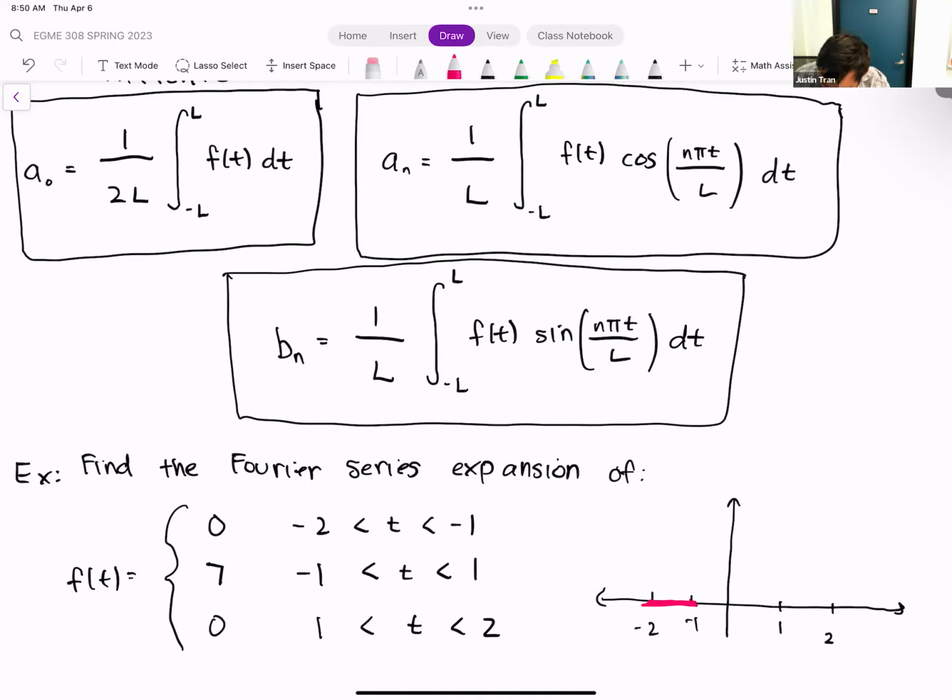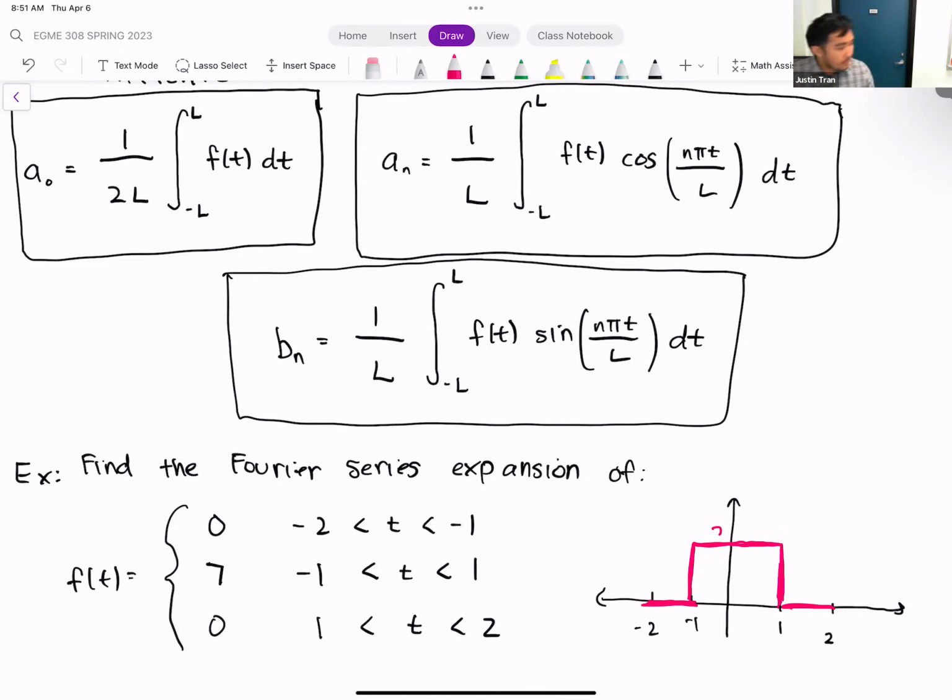Then starting at -1, the function is going to jump up to a value of 7. Okay. And it's going to continue like that until t is equal to 1. And from there, the function is going to go back down to 0. Okay. And so we have basically a square pulse.